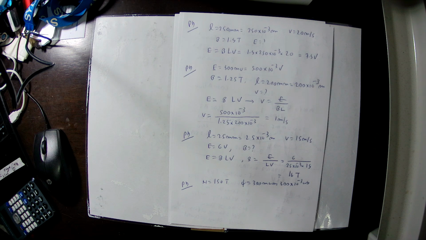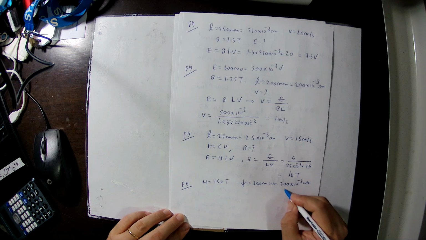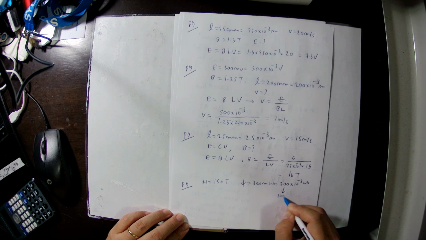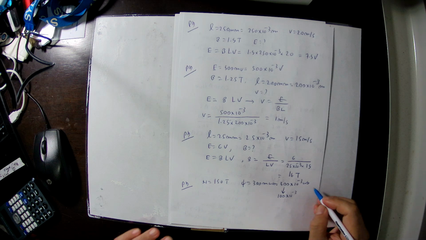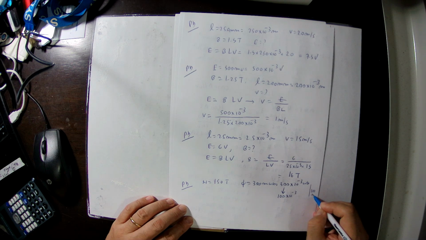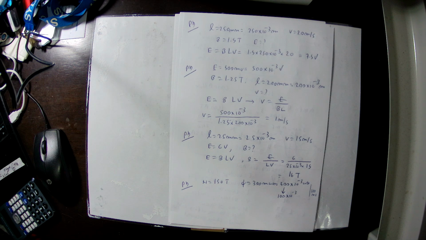The flux is reduced to 100 milliweber in 100 milliseconds. So we have to calculate the induced voltage, as the flux goes down from 300 milliweber to 100 milliweber within 100 milliseconds.